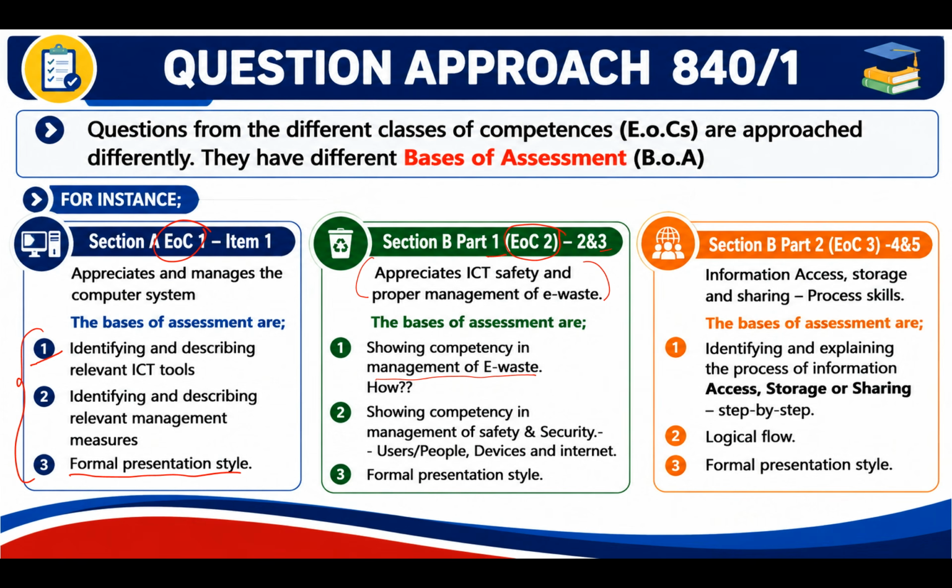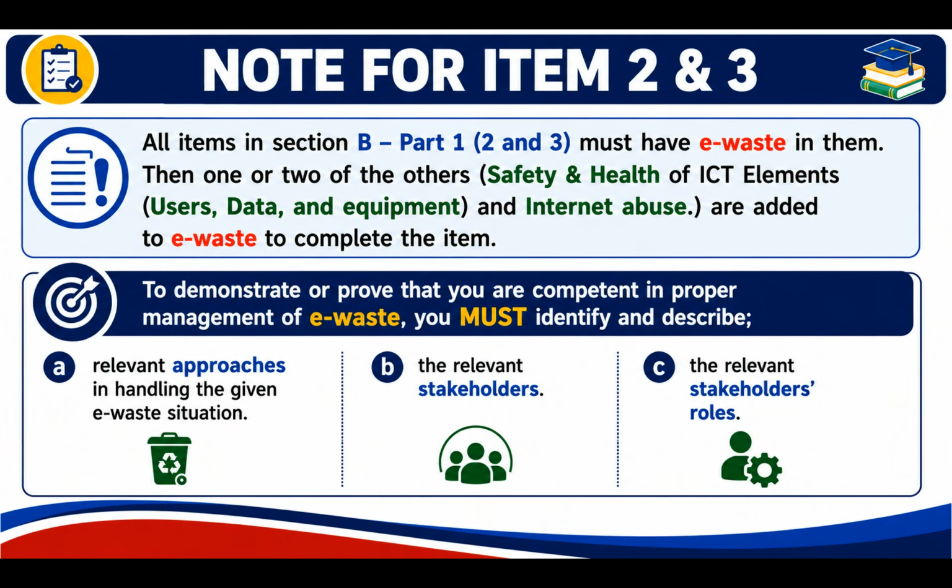So also they need to show competence in management of safety, security. So when we talk about safety and security, we are looking at users or people, the devices themselves, and the internet. Then we need to see a formal presentation style. So with this kind of basis of assessment, we are going to see that all items of section B part 1, that is item 2 and 3, must have e-waste in them.